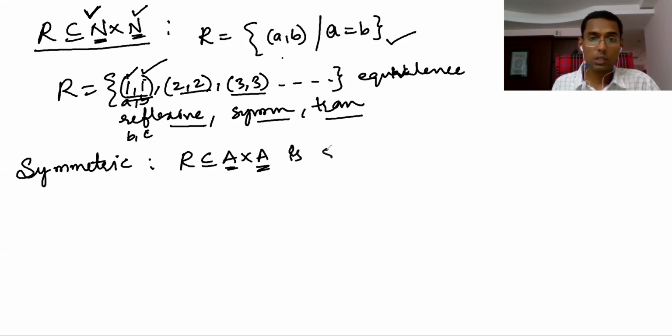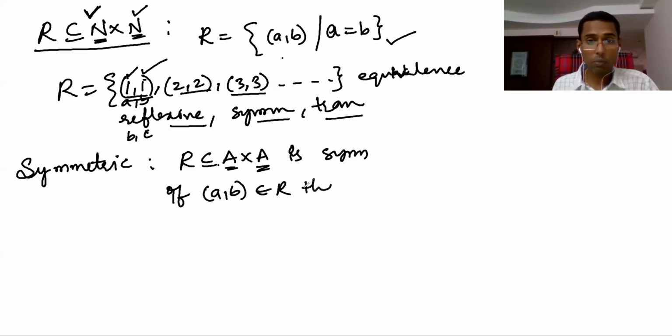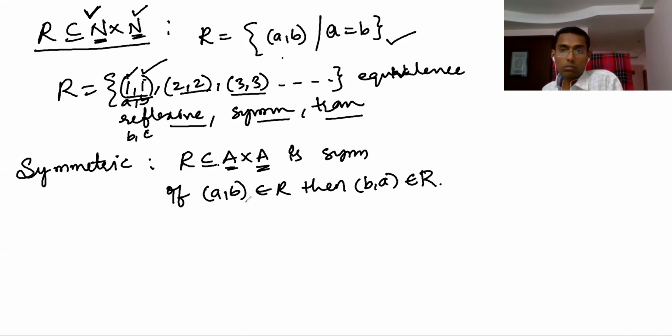It is symmetric if (A, B) belongs to R. Then what should happen? Then (B, A) also should belong to R. If (A, B) belongs to R, then (B, A) must belong to R. This is symmetric. Otherwise it is not symmetric.